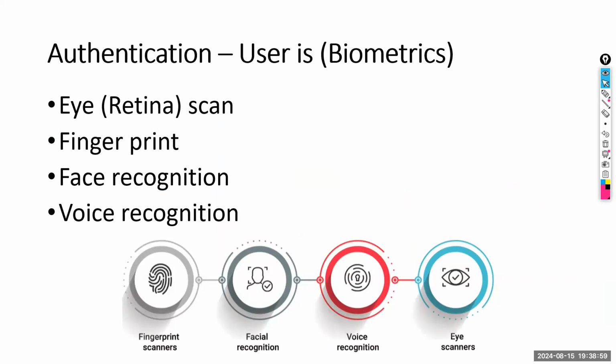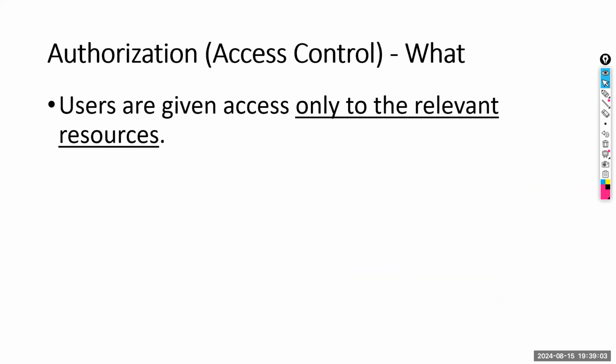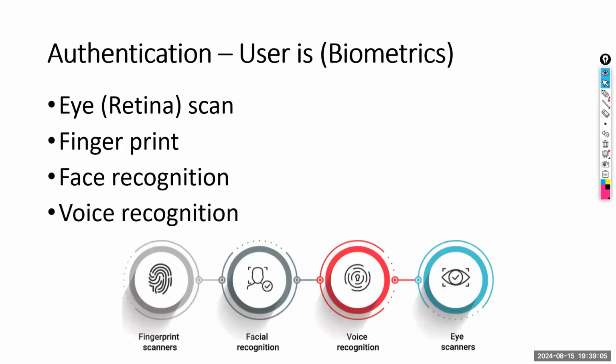And we can combine these also. Then we call it two-factor authentication or three-factor authentication. For example, when you go to the ATM machine, first you need to insert your card, that is something the user has. Then you need to enter your PIN number, that is something the user knows. So, two-factor authentication.